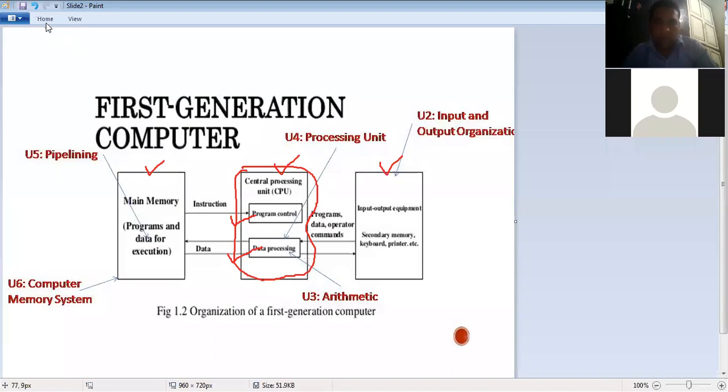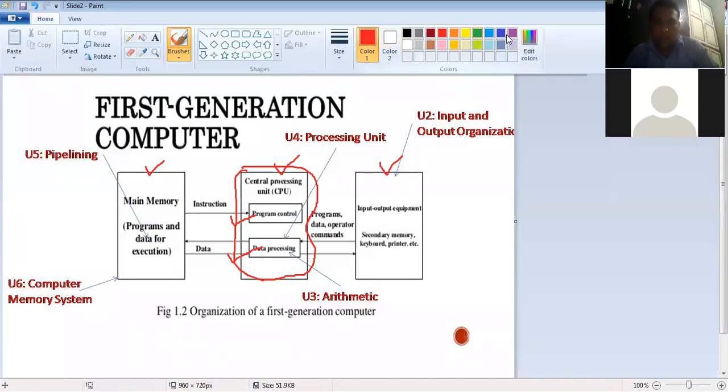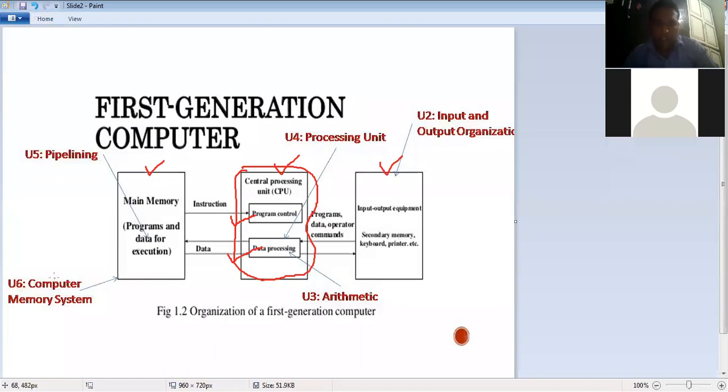The role of the program control unit is to fetch the instruction from the memory. Here you can see there is an arrow from memory connected to the program control unit. Once the instruction is fetched from the memory, it is decoded and some control signals are generated for the data processing unit for further execution.